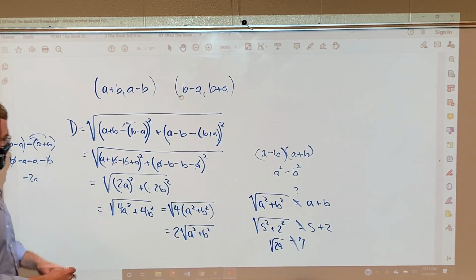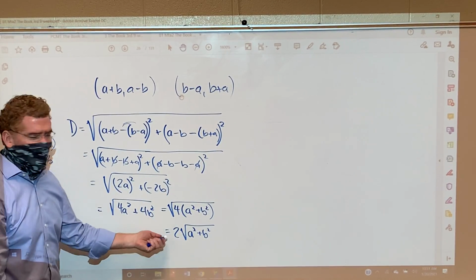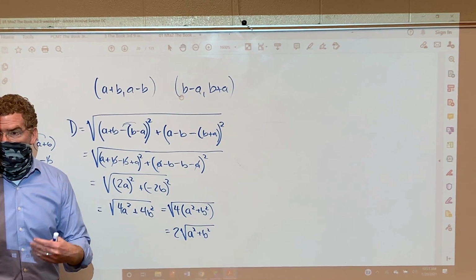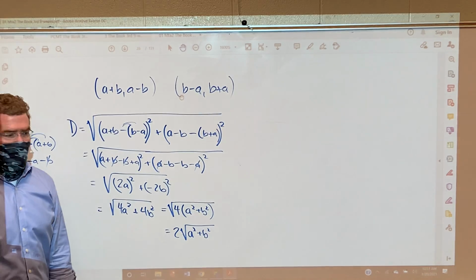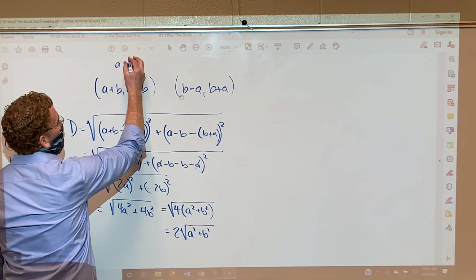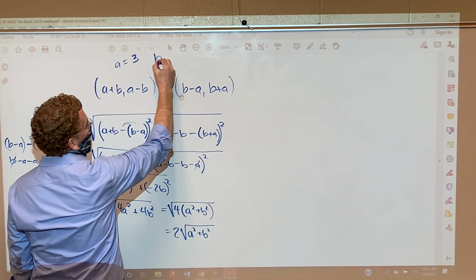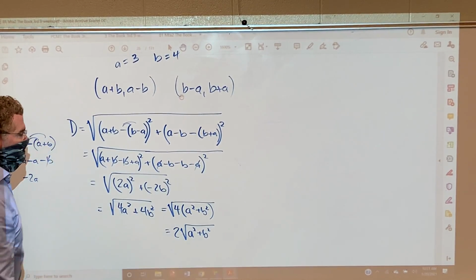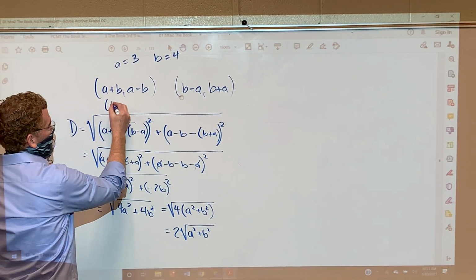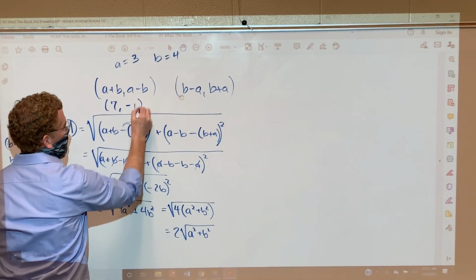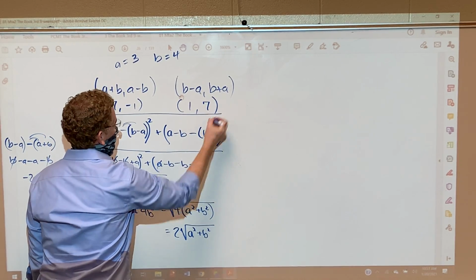So that's the distance, and then what would the midpoint be? And if you're wondering, what the heck does that even represent? Again, they're just checking your ability to do algebra, but that means for any A and B. For instance, if A is 3 and B is 4, randomly, I'm just picking 3 and 4, then that would give me 7, -1, and then 1, 7.